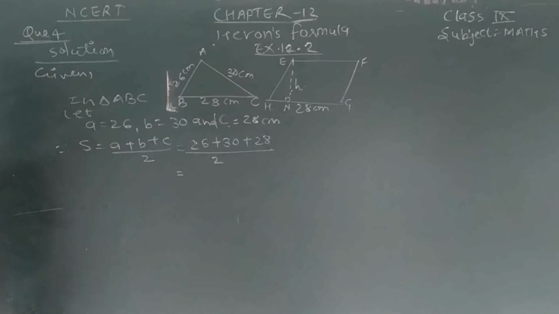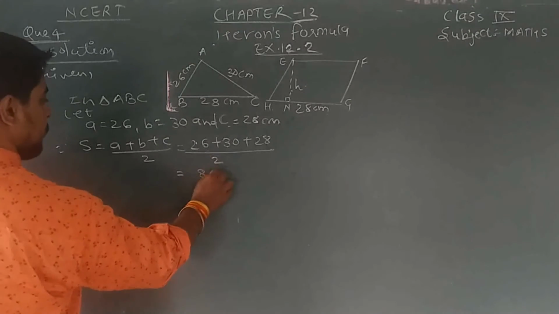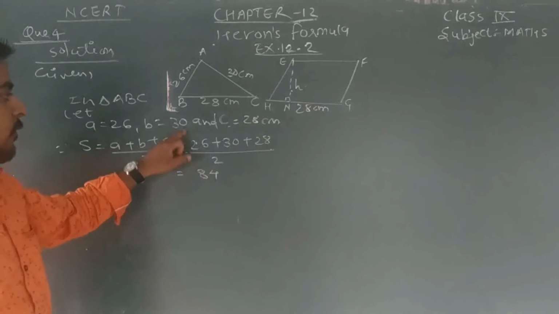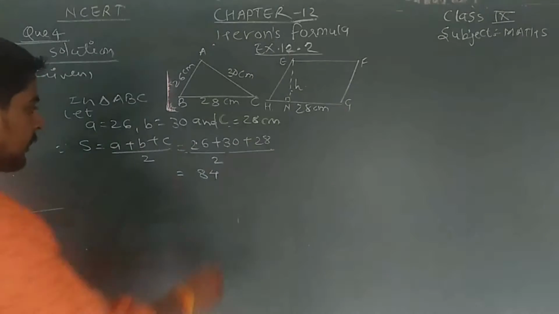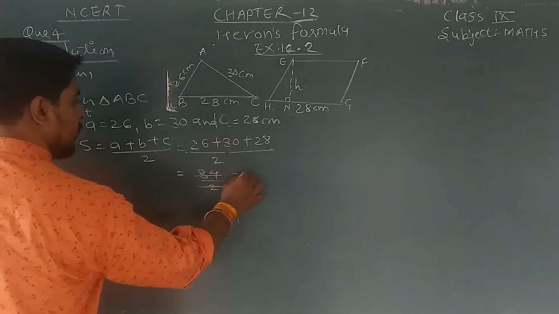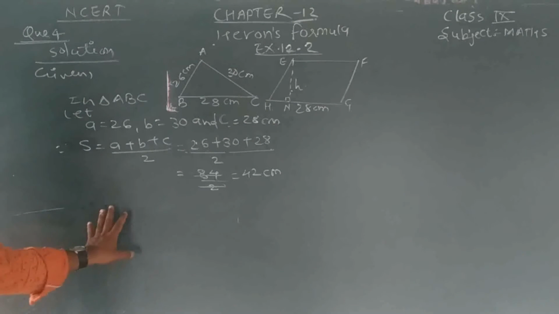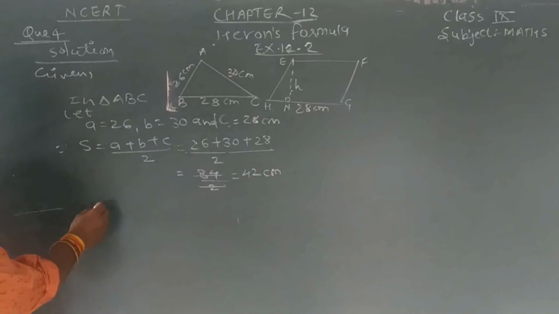That is, 26 plus 30 is 56, and 56 plus 28 will be 84. Divided by 2, we will get 42 centimeter as the semi-perimeter.